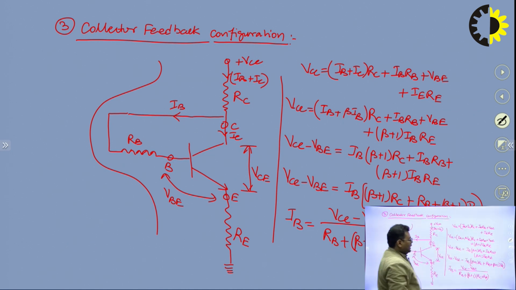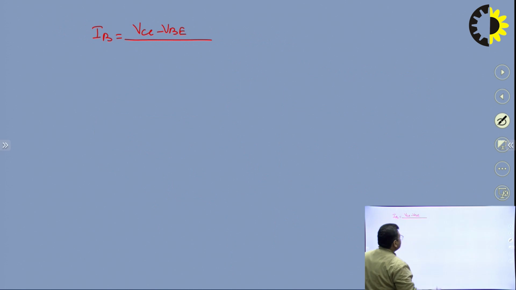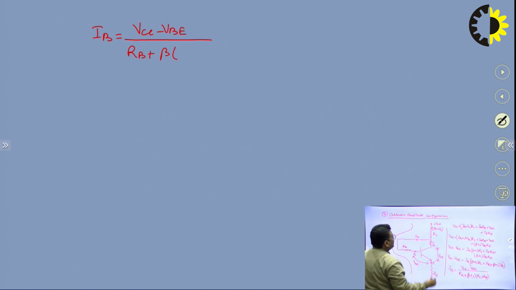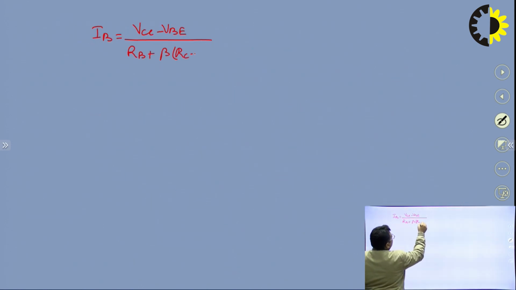Okay. So we can neglect the 1, as we know beta is very, very large. So finally IB will be VCC minus VBE divided by RB plus beta times (RC plus RE).